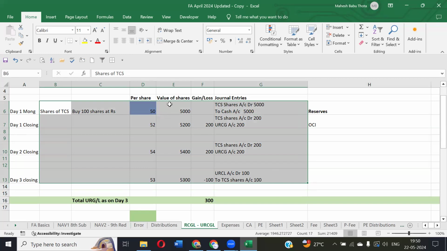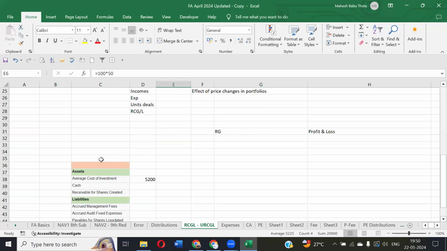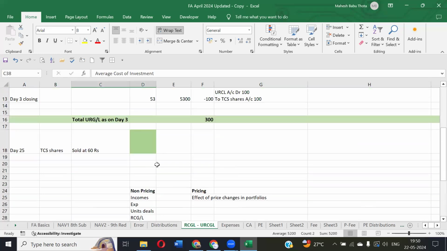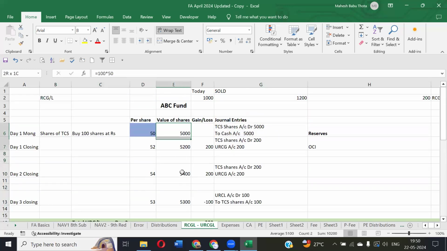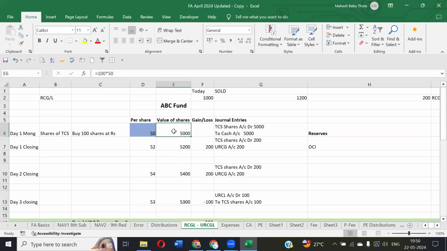Whenever there are unrealized capital gains or unrealized capital losses, there will be an impact on the NAV of the fund, net asset value. Okay? Because asset value is increasing, right? The same asset value will be considered for the total NAV calculations. Under the asset category, we have to take the updated values, the current market prices.